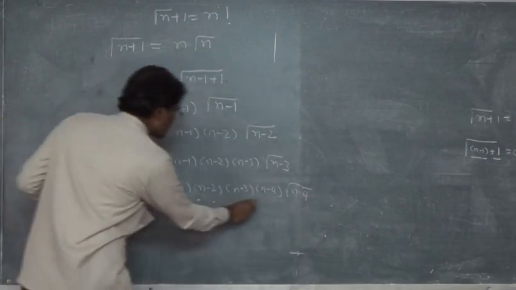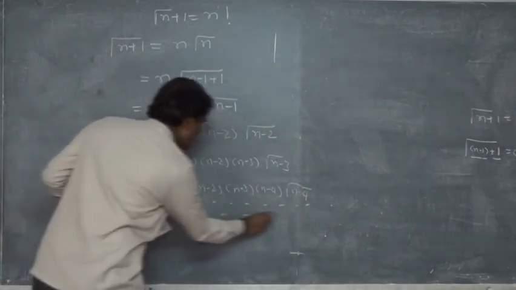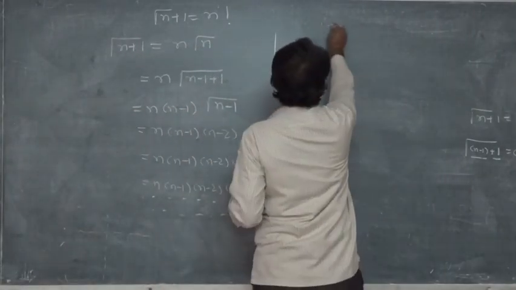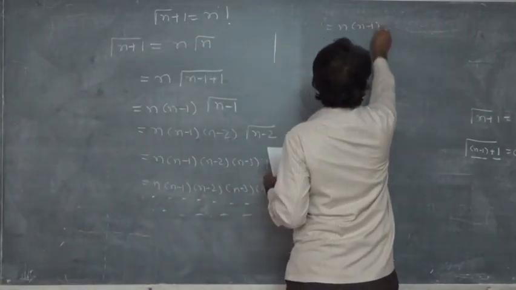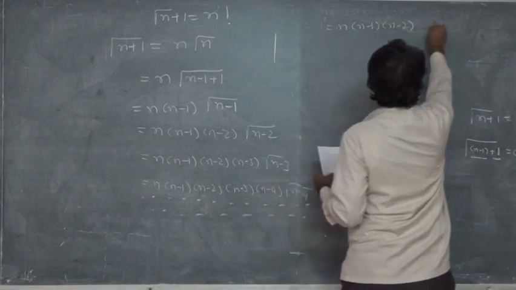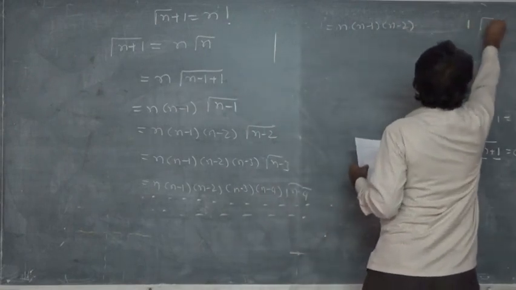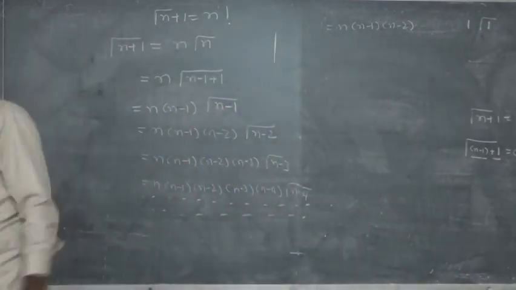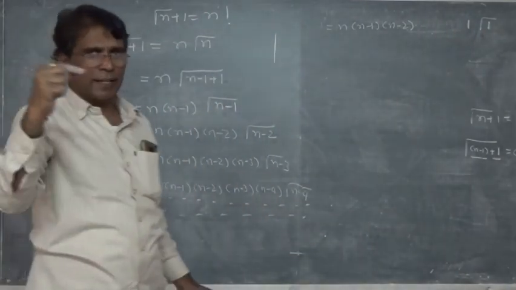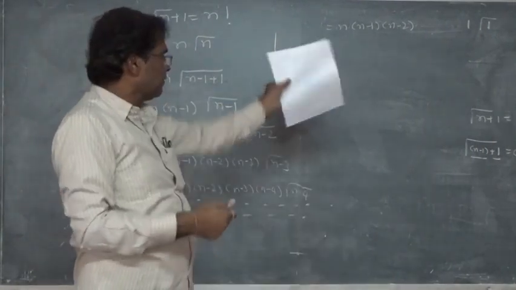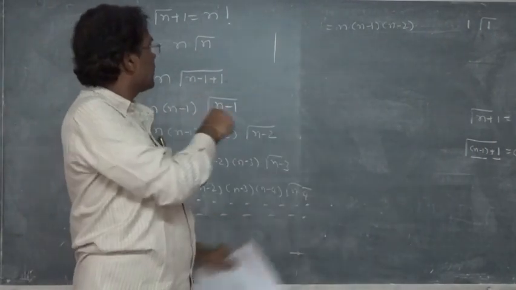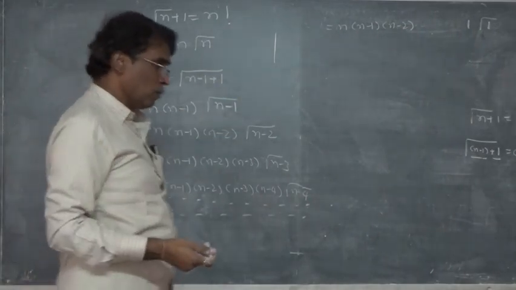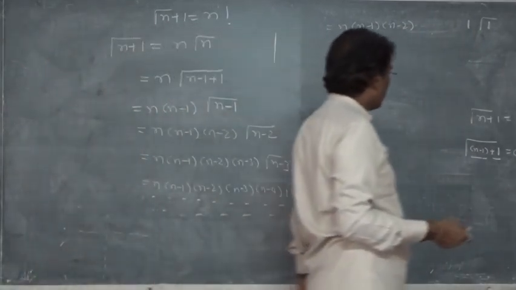This process is continued till what you get? n minus 1, n minus 2, continue like this up to 1 gamma 1. When it is a whole integer, the last value you will get is 1.